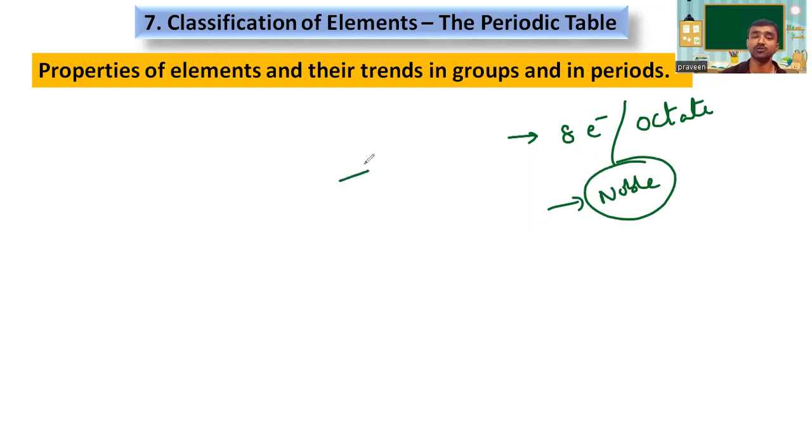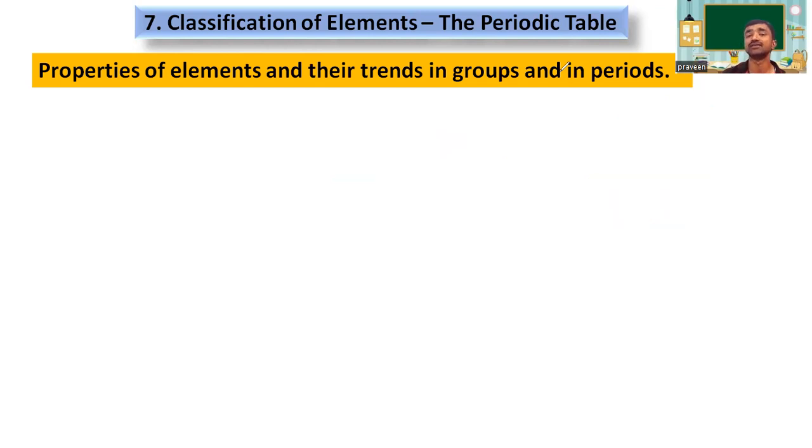How can it be possible? By losing electrons or gaining electrons into their valence shell. So what is gaining of electron? What is losing of electron? What is valency? On which factors are they depending?